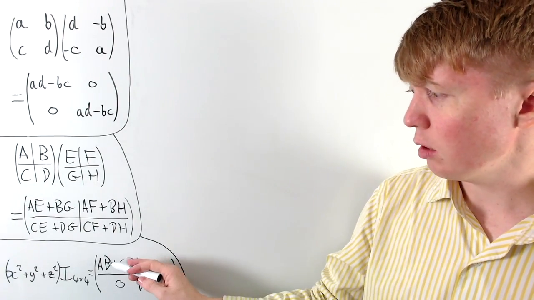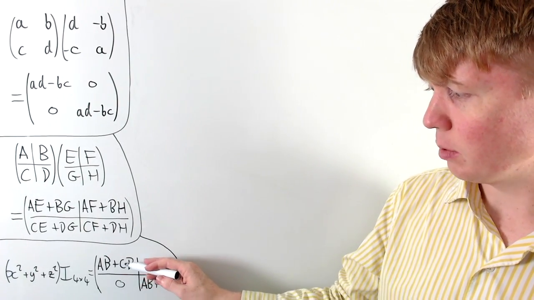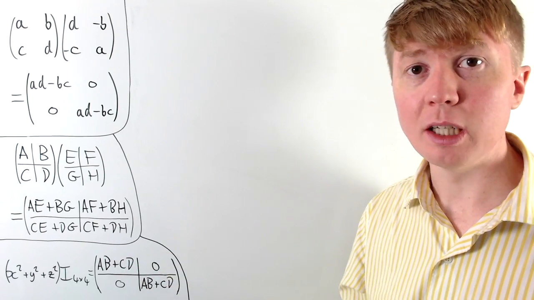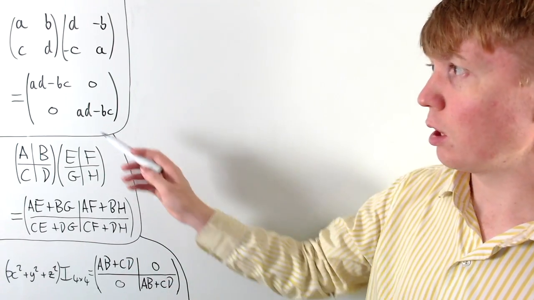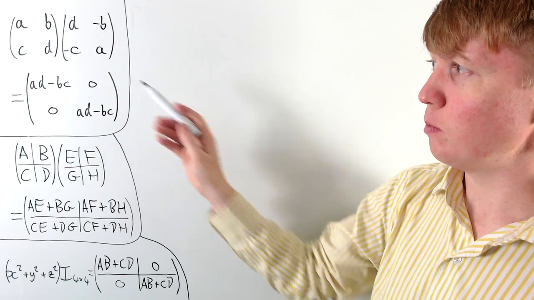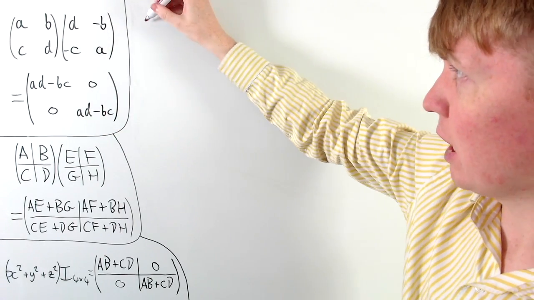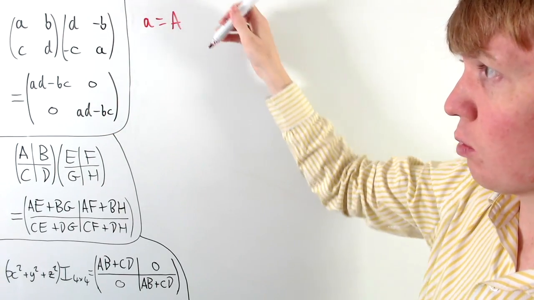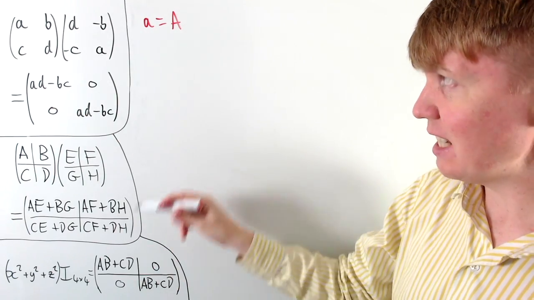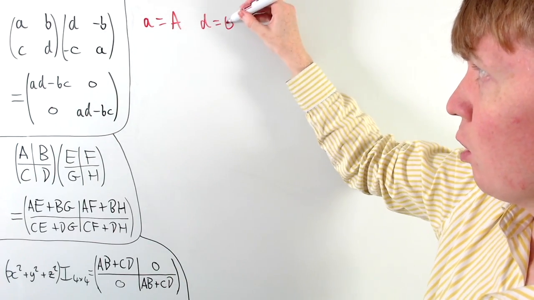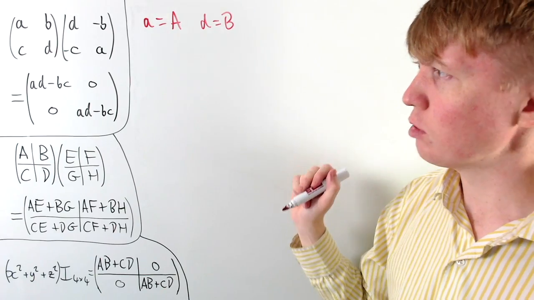So we could try and go for, we want our AB plus CD down here with the capital letters to match up with our lowercase ad minus bc. So we could try lowercase a is equal to capital A. We could try lowercase b equal to capital D, just abusing the notation somewhat here.